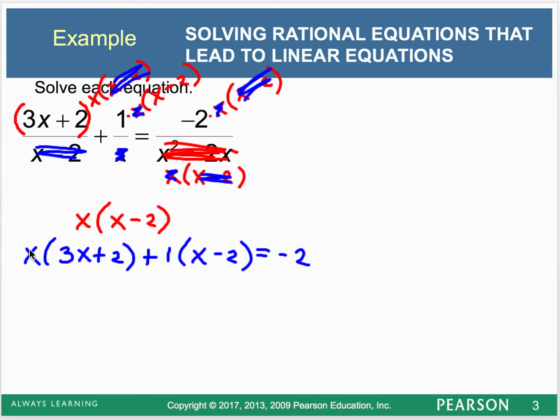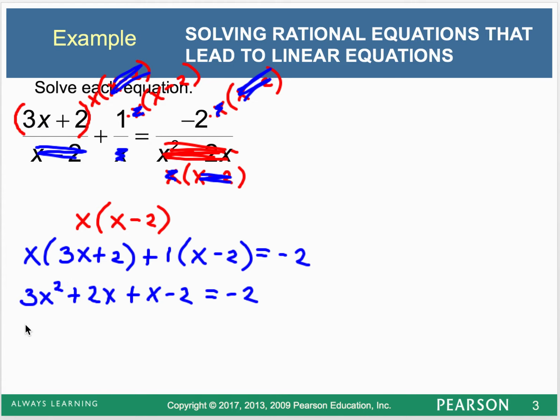Let's get rid of parentheses, so let's distribute that x. 3x squared plus 2x plus distribute that 1, x minus 2 equals negative 2. This time I've got a quadratic equation. So instead of putting variables on one side and numerals on the other like we do in a linear one, I'm going to set it equal to 0 and see if I can factor it.